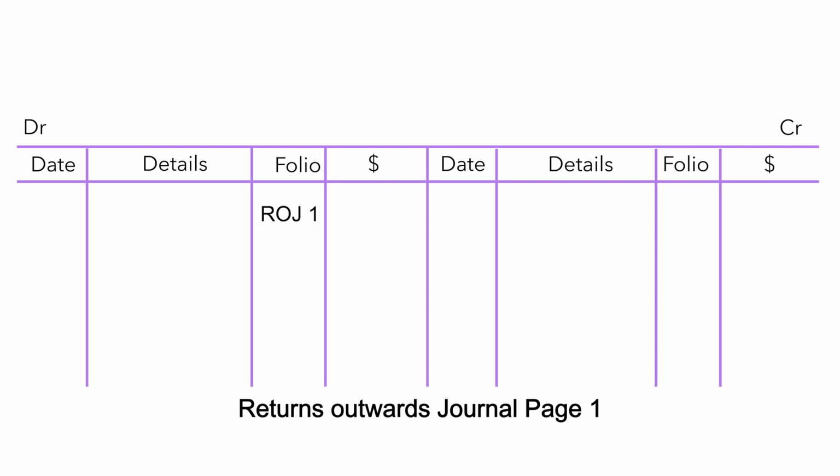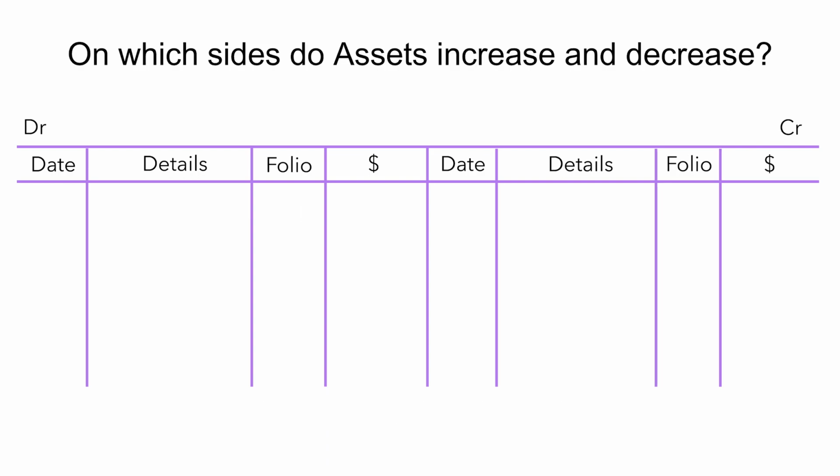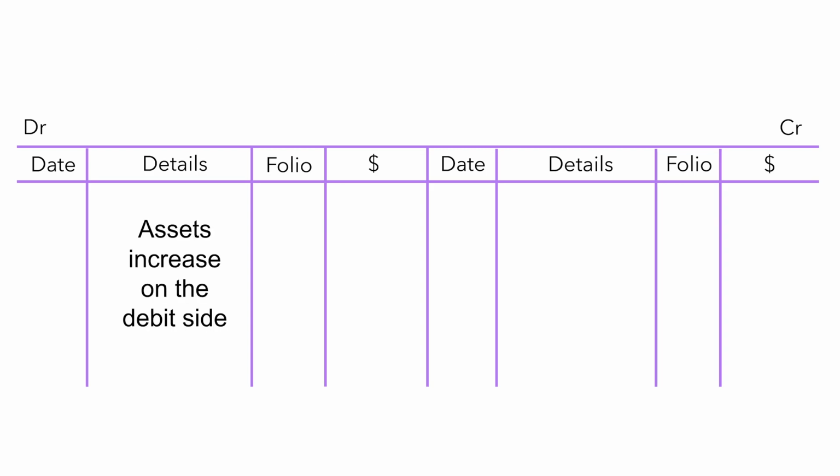Returns outwards journal, page 1. On which sides do assets increase and decrease? Assets increase on the debit side, assets decrease on the credit side.